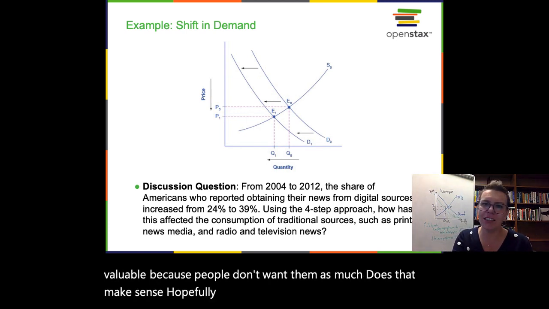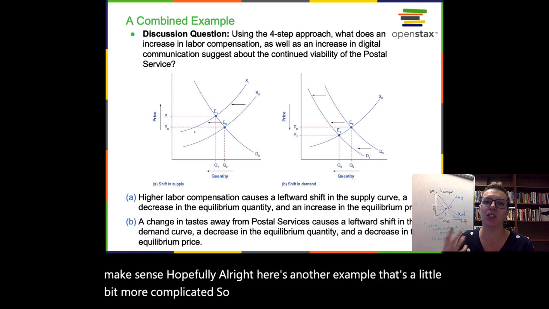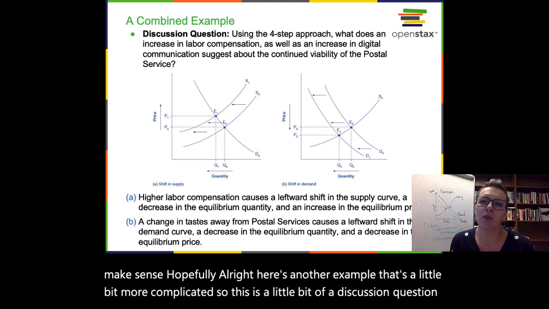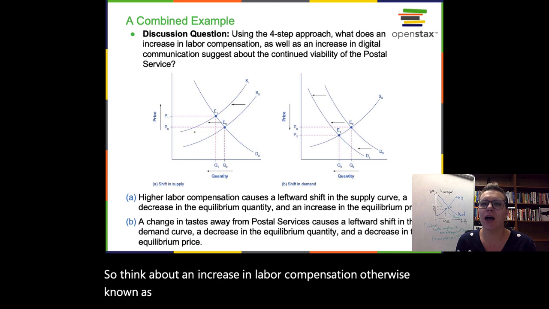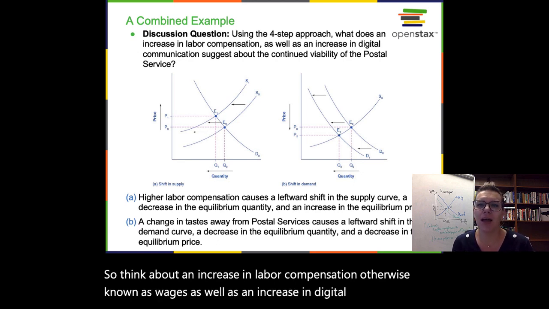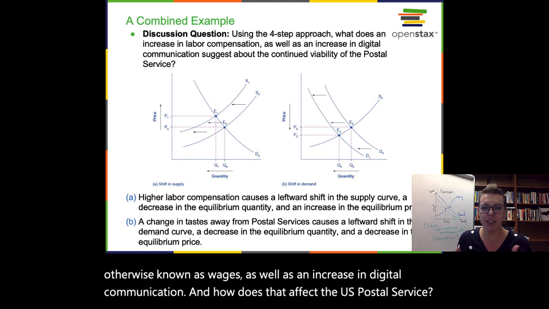All right, here's another example that's a little bit more complicated. This is a bit of a discussion question. Think about an increase in labor compensation, otherwise known as wages, as well as an increase in digital communication, and how that affects the U.S. Postal Service. So there's two things going on here.